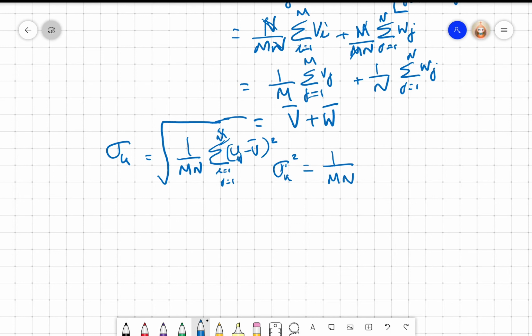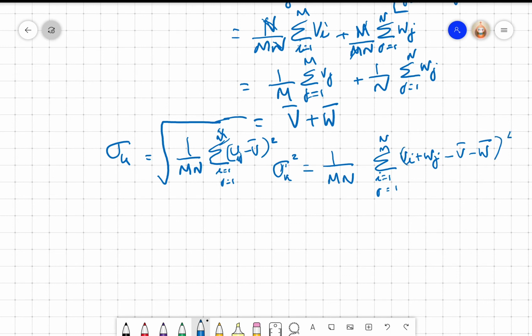Right? It becomes 1 by Mn sigma I equal to 1 to M, j equal to 1 to N. Uij I know is Vi plus Wj, right? That is Uij minus U bar we already calculated, minus V bar minus W bar, right? Whole square.